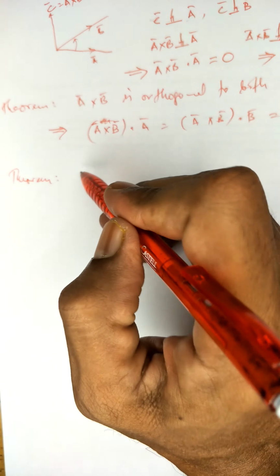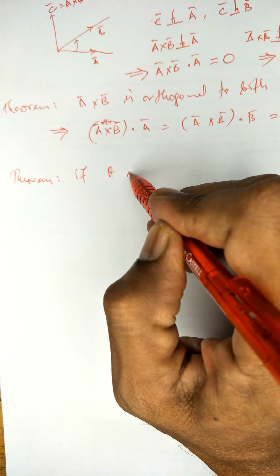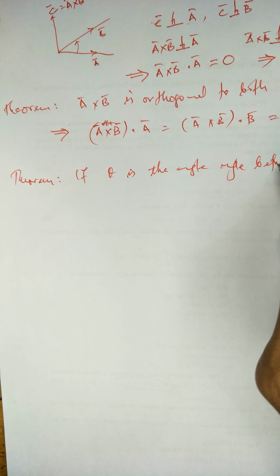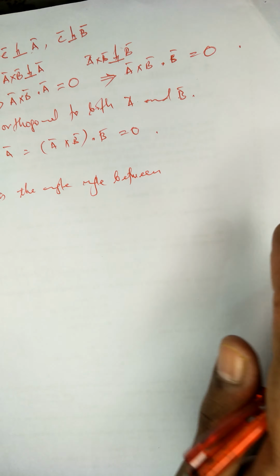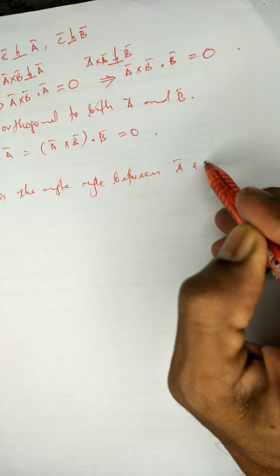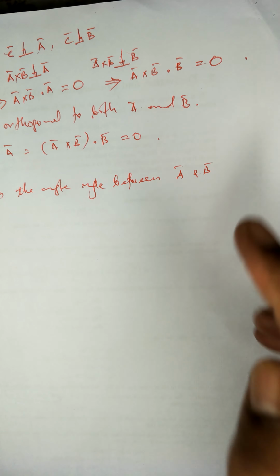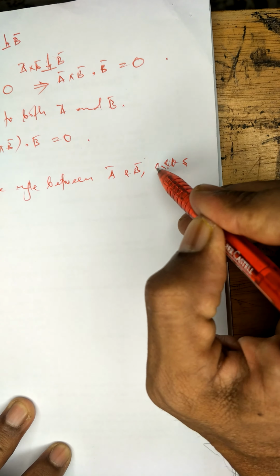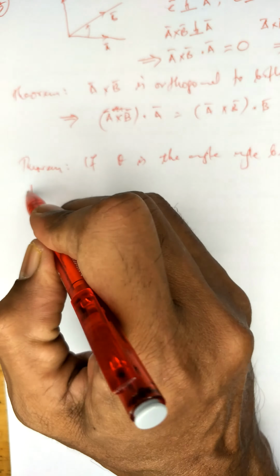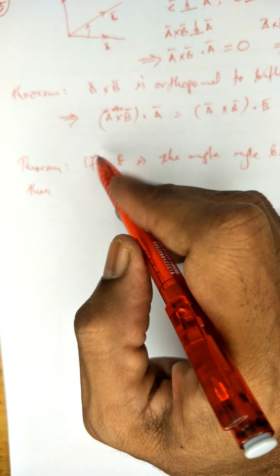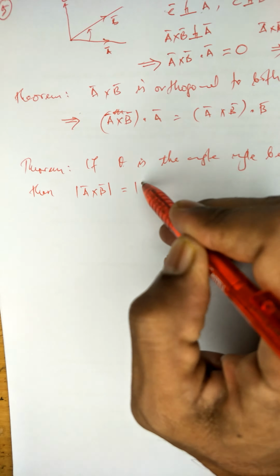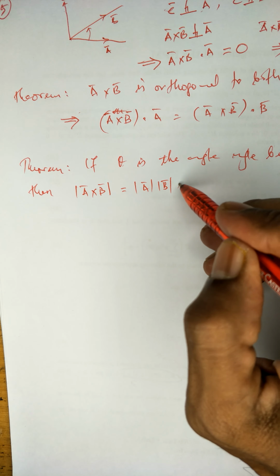If theta is the angle between vector a and b, and theta is between 0 and pi, then the magnitude of a cross b is equal to the magnitude of a times the magnitude of b times sine theta.